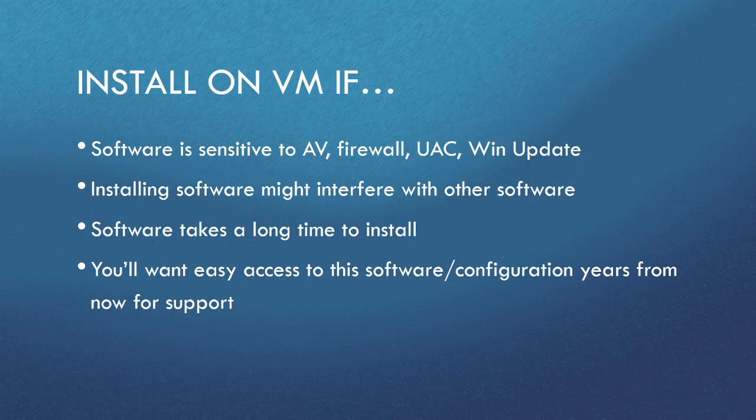So if you use software that's not going to be easy to get access to in a few years, or if it's got a particular configuration that you're not going to remember how to set up, or you're not going to want to spend the time to set it up to support that machine in the corner of the shop, you might want to put that in a virtual machine as well. And we'll talk about archiving and saving a virtual machine state that you can come back to for support purposes.